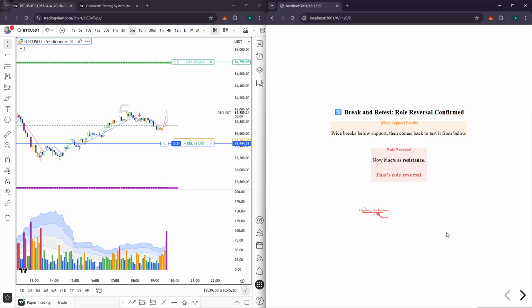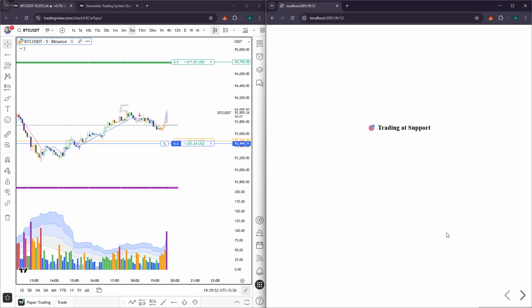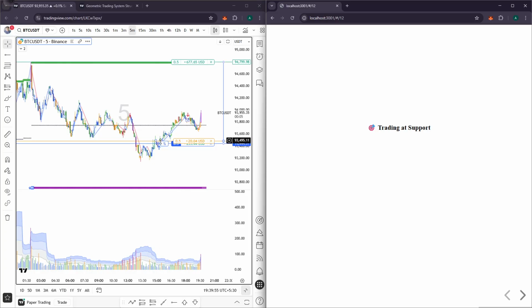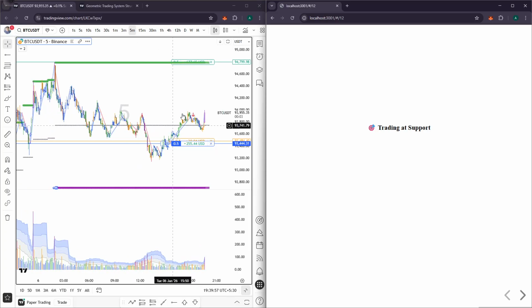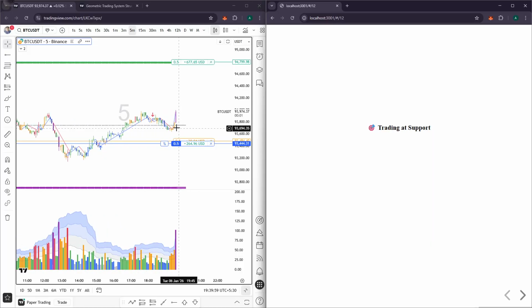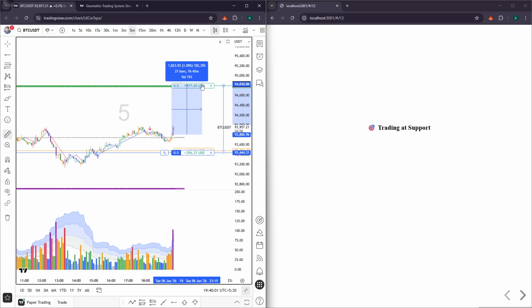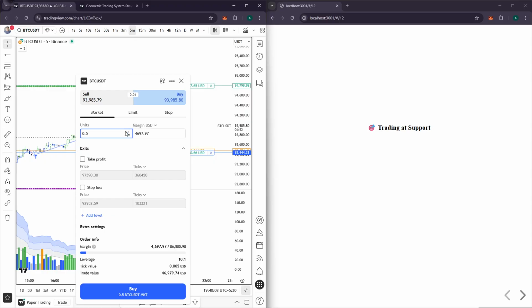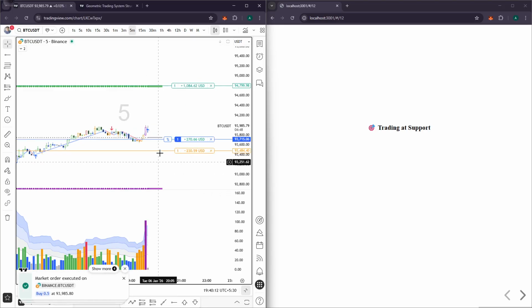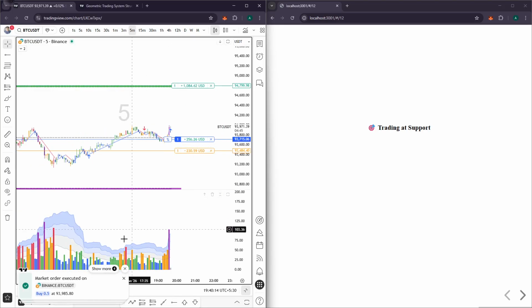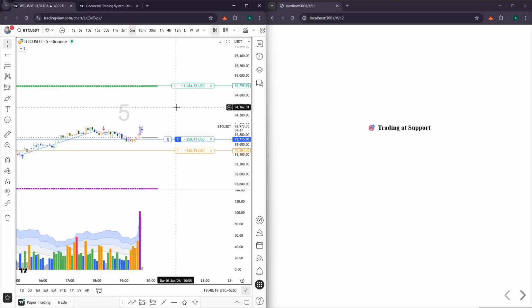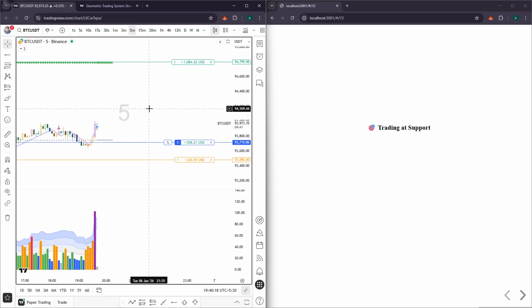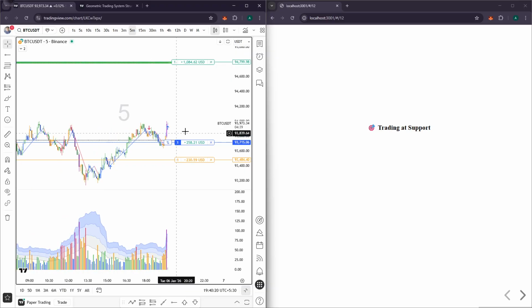For the long side, it's just a role reversal. This resistance was holding, and now we move upside from there. So this is a good support, and I can add. You see this big volume, I can add on to the position, guys. Let me just add it. I'll add another 0.5, which we took profit from, so that when we have a stop loss there, we take only a little bit of a hit.